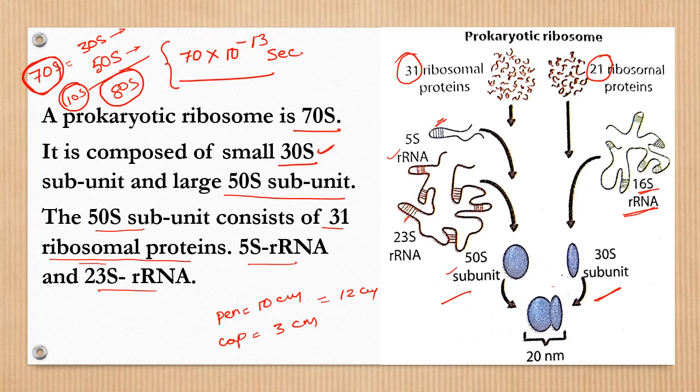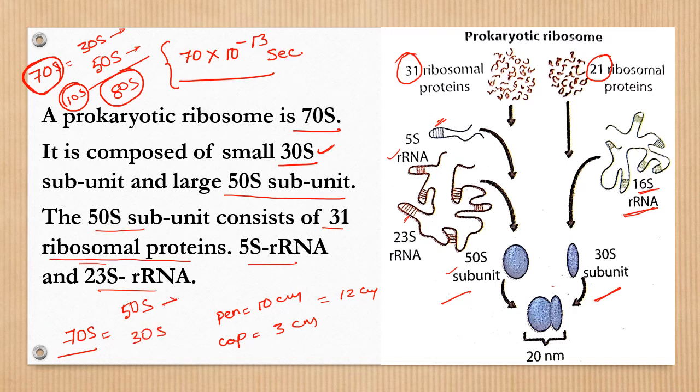So simply we can say that the 70S ribosomes of prokaryotes consist of a larger subunit 50S and a smaller subunit 30S.